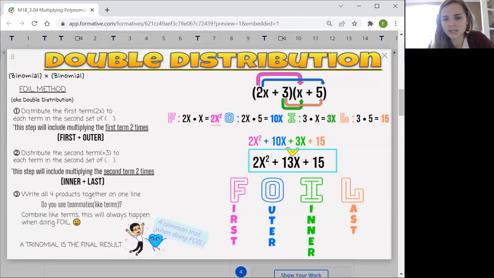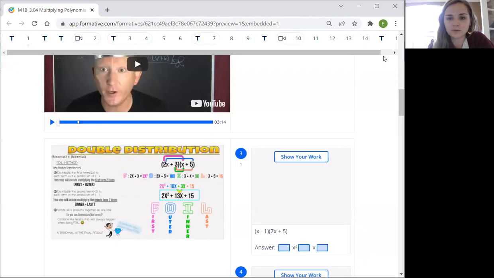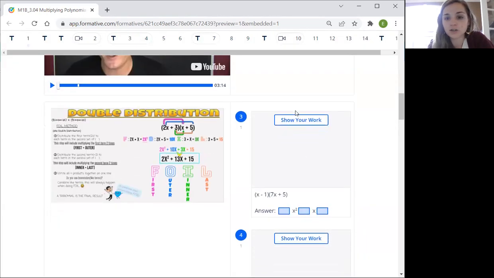If you think about it as distribution, you need to distribute the 2x to both terms, see the pink and blue arrows, and then you need to distribute the 3 to both terms as well. Again, you get the same thing whether you do double distribution or the FOIL method, as long as you make sure you're multiplying 4 different times.